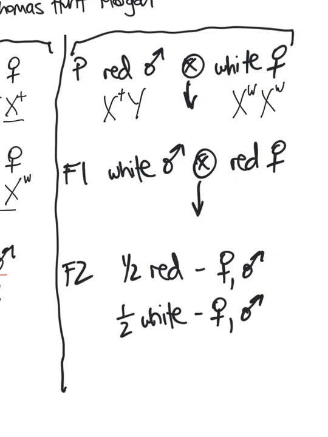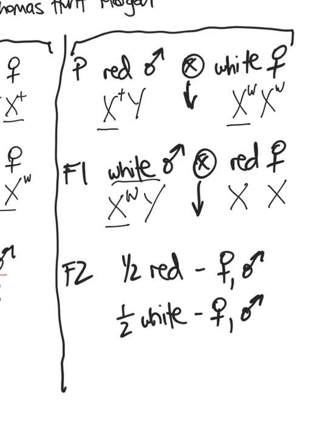So when we cross this parental male with the parental female, in the F1 we get a white male, and because he's a male, he's going to have an X and a Y. He gets his X chromosome from the parental female, so his X chromosome is going to have a white allele, making him have white eyes as a phenotype. The F1 female is going to have two X chromosomes.